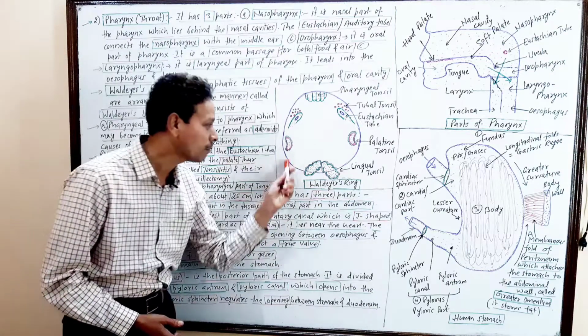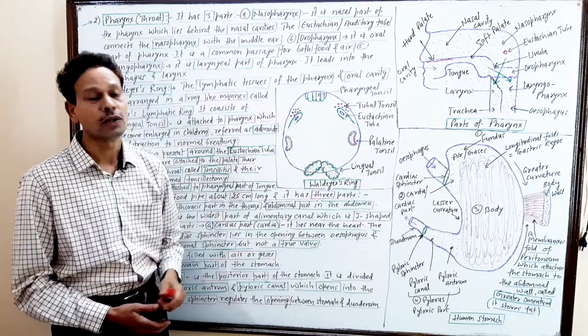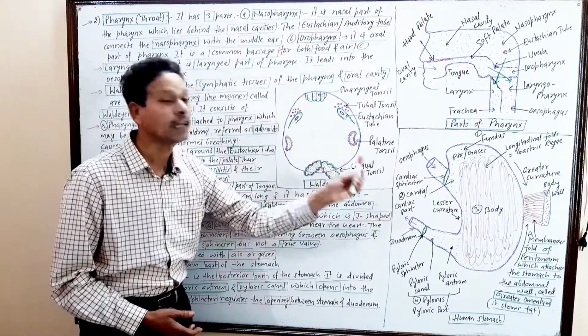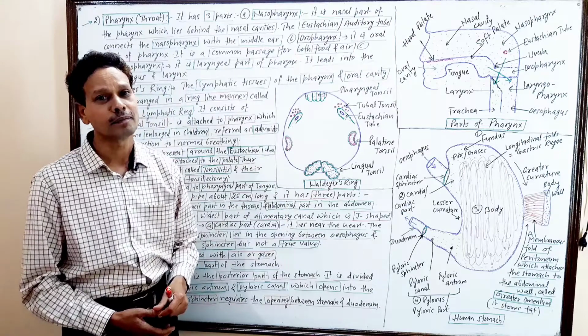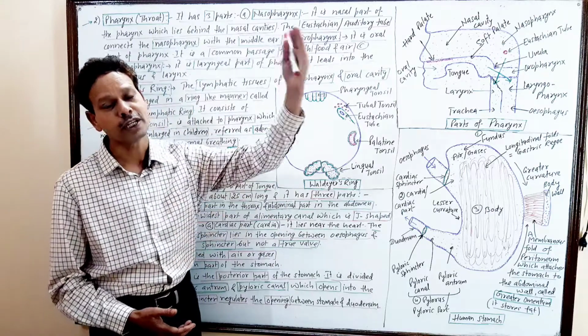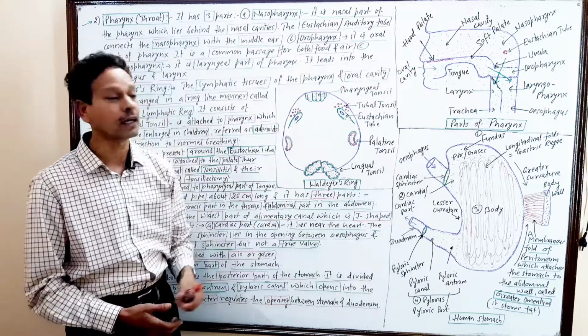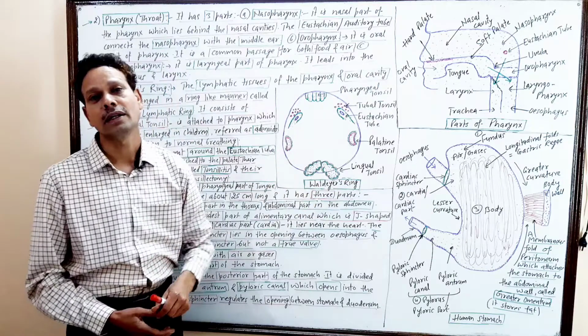And the fourth type of tonsils of this Waldeyer's ring are the lingual tonsils. Lingual means these are present on the tongue, particularly on the posterior, pharyngeal region of the tongue.